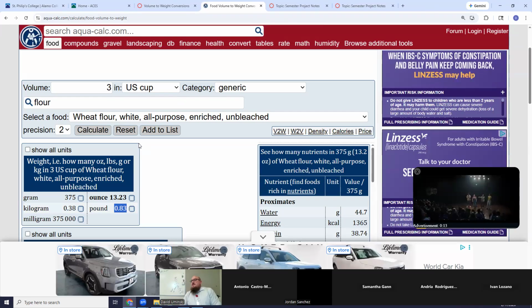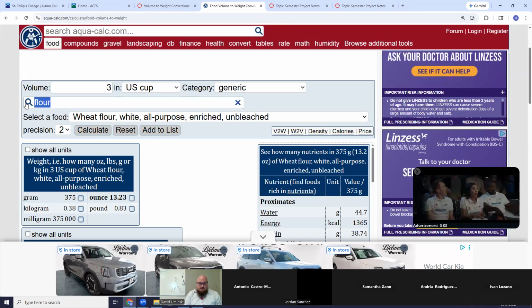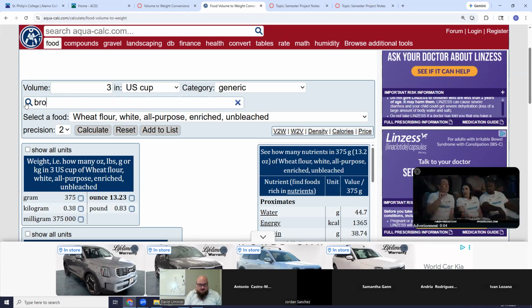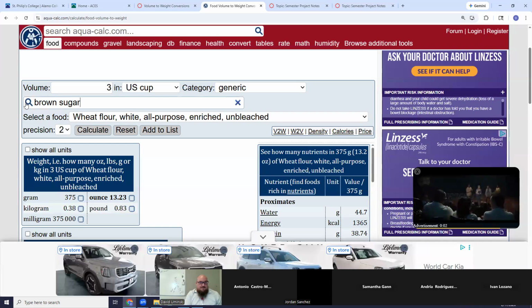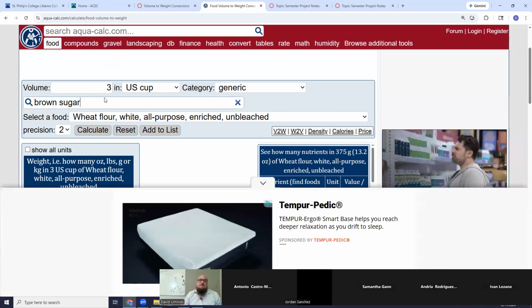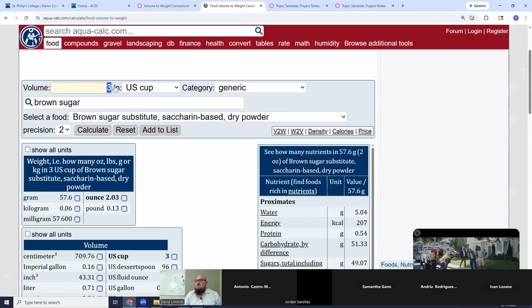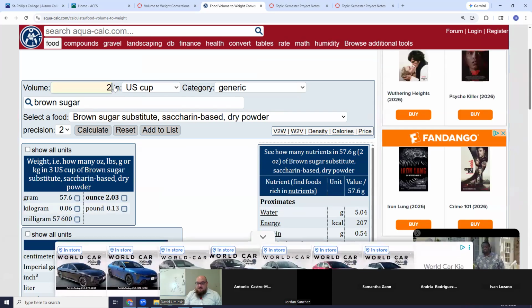Just to demonstrate this, who wants to give me an ingredient? Brown sugar. Okay. And what is our measurement? 2.5 cups. Good.